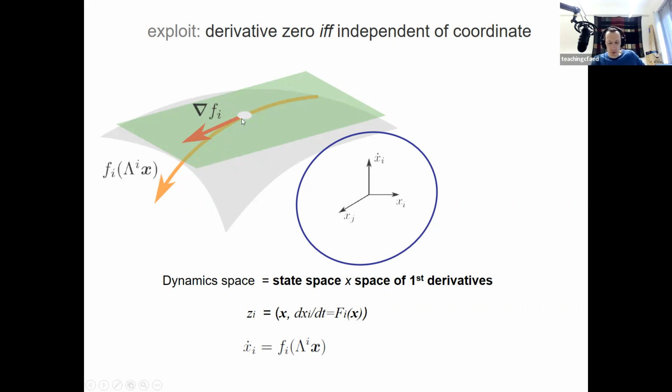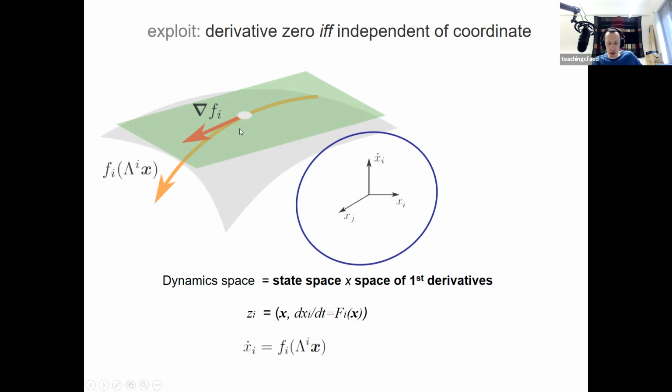And so obviously if it doesn't change in one direction, like for example, if xi dot does not change into the direction of xj, then there's no gradient, zero directional derivative in this direction.